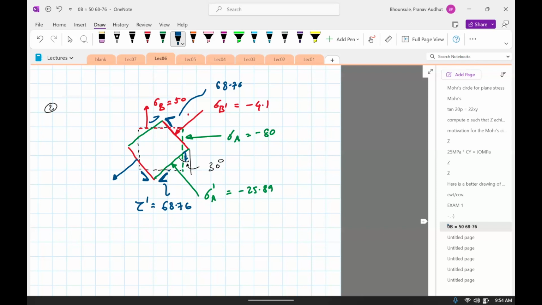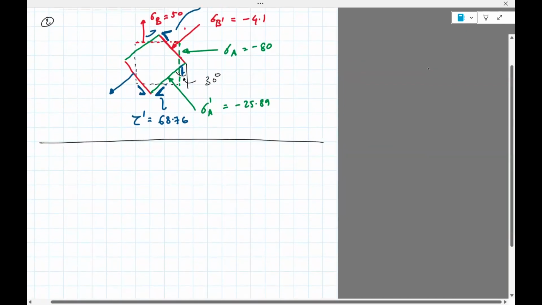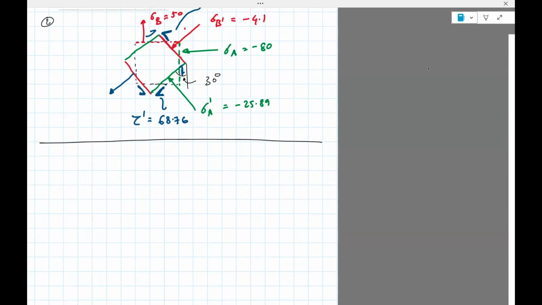Okay, now this is how you would do it using Mohr's circle. Now, if you don't want to use Mohr's circle, you can actually use the formula. So another way without using Mohr's circle.